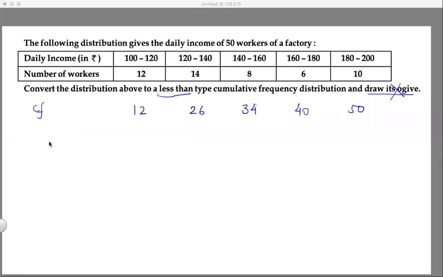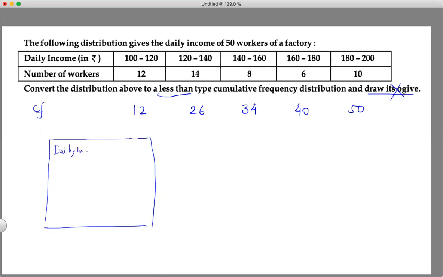When you put it in a table, it's usually easier to do it in a vertical table. So we will say daily income and number of workers.